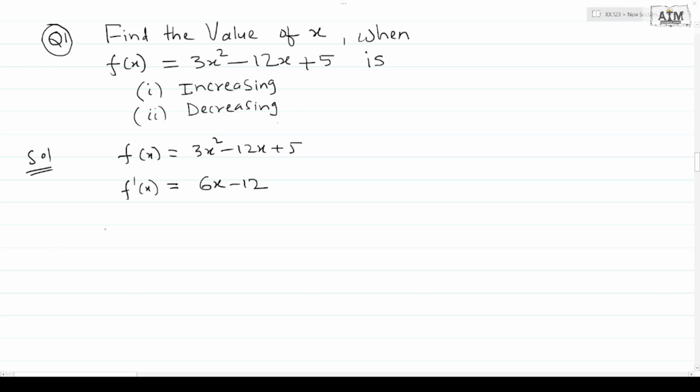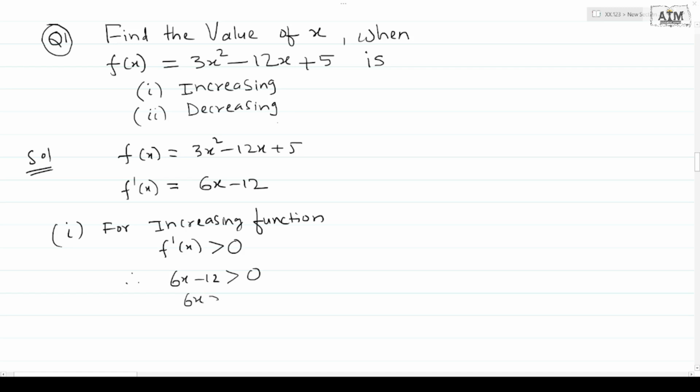Now if the function is increasing, case number 1, for an increasing function, f dash x is greater than 0, therefore 6x minus 12 greater than 0, therefore 6x greater than 12, therefore x is greater than 12 upon 6, x is greater than 2.